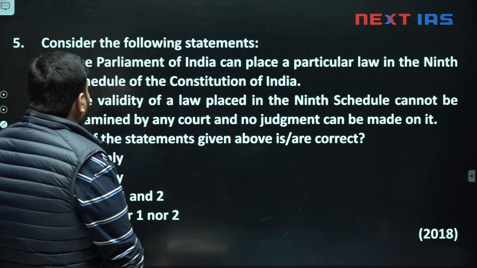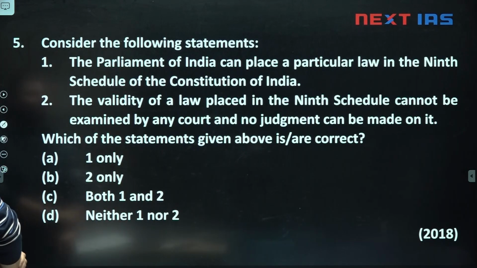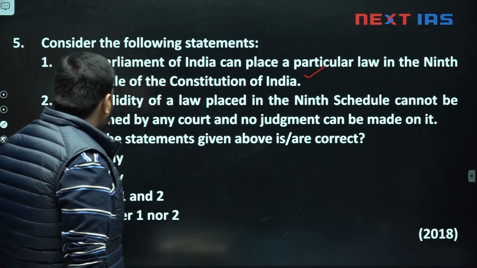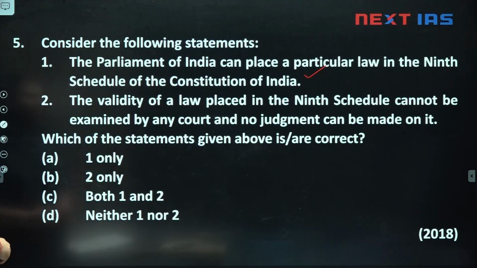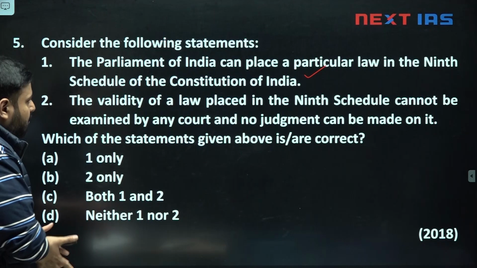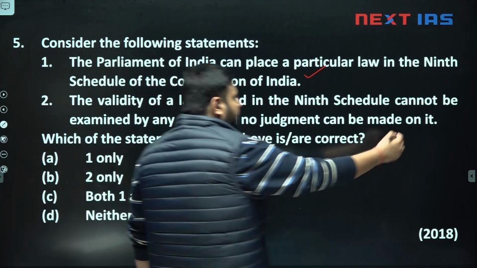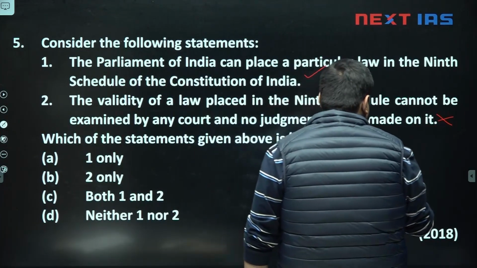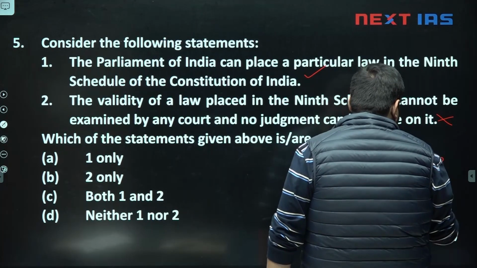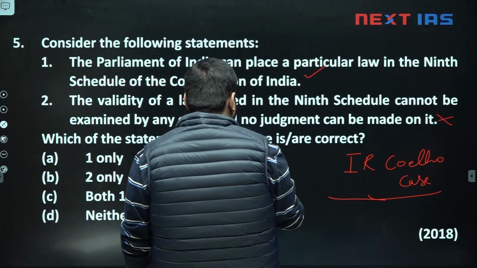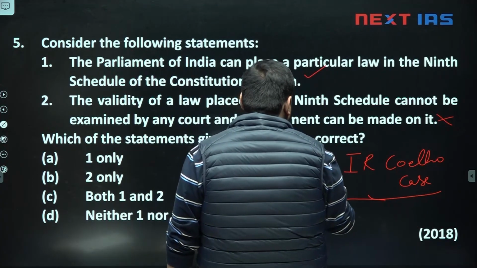Next question. The Parliament of India can place a particular law in the 9th schedule of the Constitution of India. Yes, it is correct. Parliament can put a law. The validity of a law placed in the 9th schedule cannot be examined by any court and no judgment can be made on it. This is wrong. Second is wrong, because as per the IR Coelho case, 9th schedule is not out of judicial review.